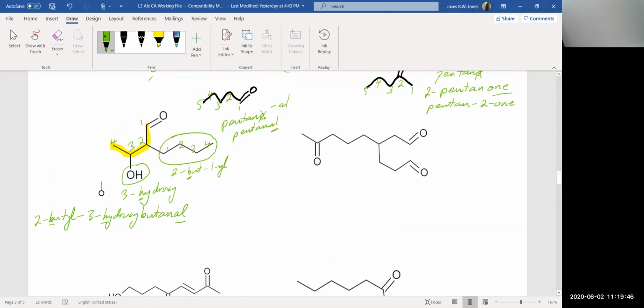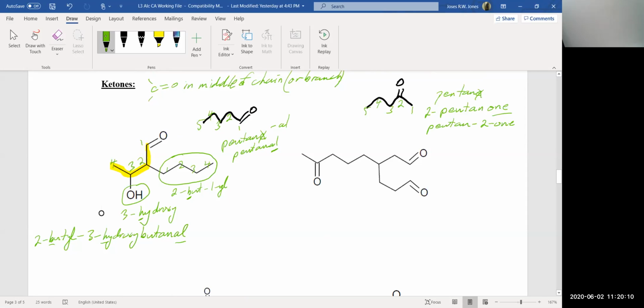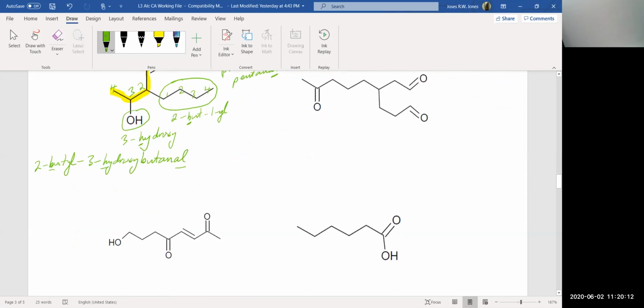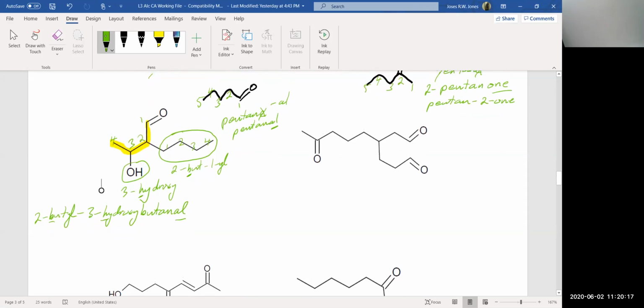So next one is, oh dear, that is a complex branch that I don't want to do with you right now. I'm not even sure I want you to know the names of the ketones and the aldehydes as substituents for the time being. Well, I suppose let's get rid of one of these.